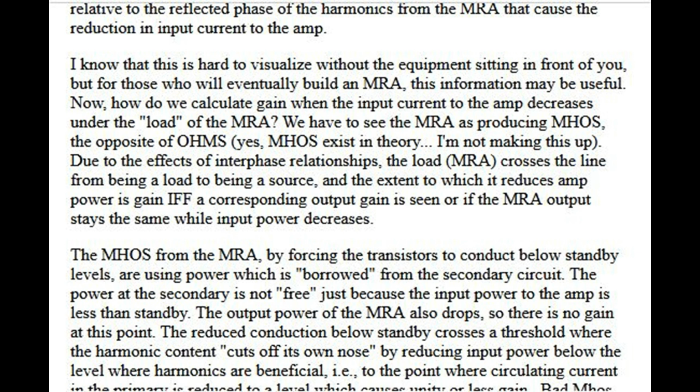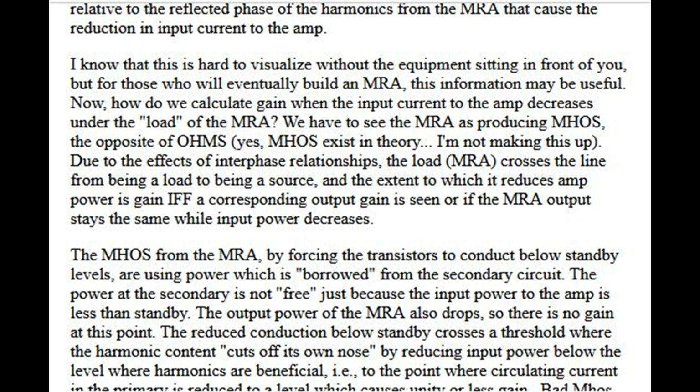We have to see the MRA as producing Mhos, the opposite of ohms. Yes, Mhos exist in theory. I'm not making this up. Due to the effects of interphase relationships, the load, MRA, crosses the line from being a load to being a source, and the extent to which it reduces amp power is gain if a corresponding output gain is seen or if the MRA output stays the same while input power decreases.